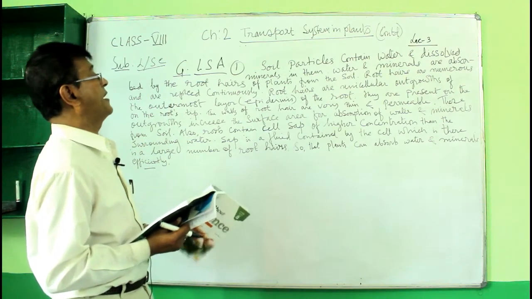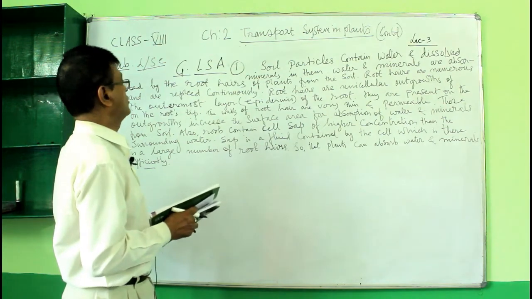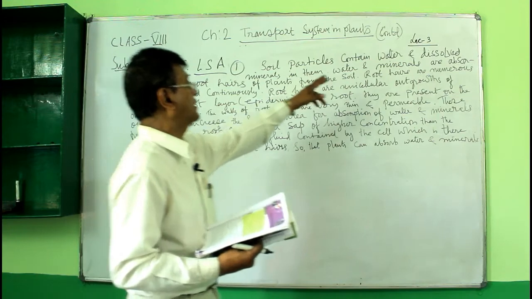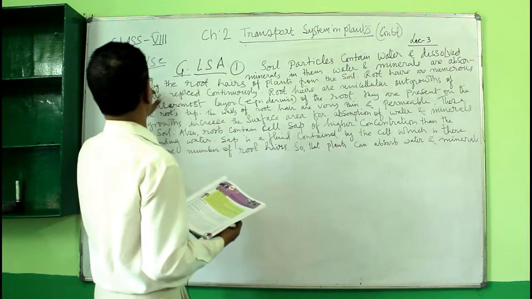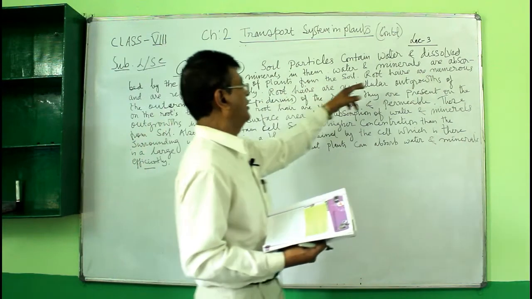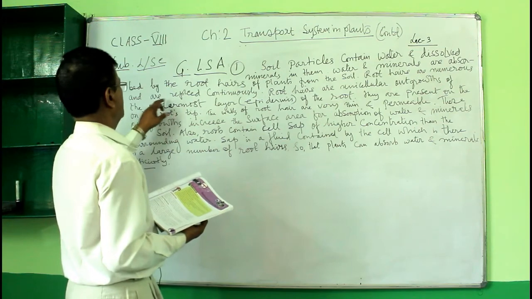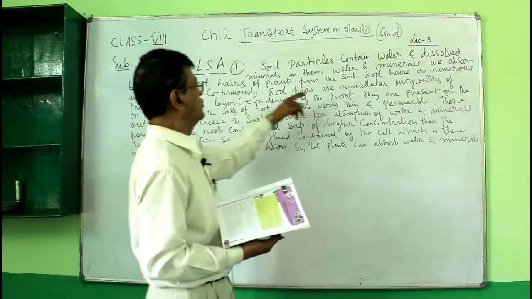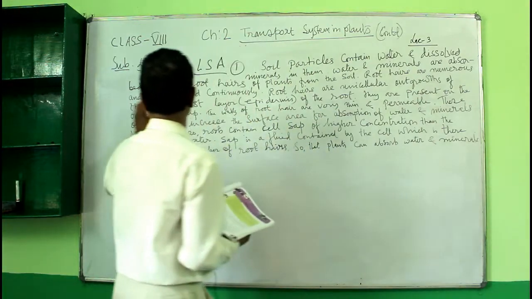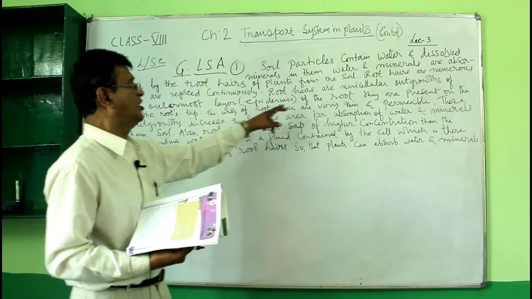You see, soil particles contain water and dissolved nutrients in them. Water and minerals are absorbed by the root hairs of the plants from the soil. The root hairs are numerous and they are replaced continuously. Root hairs are unicellular outgrowths of the outermost layer, which is known as the epidermis of the root.